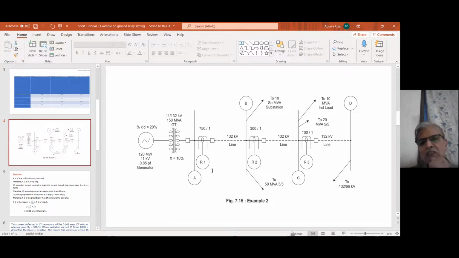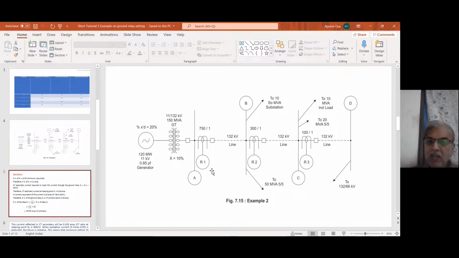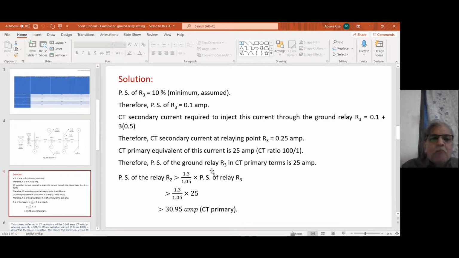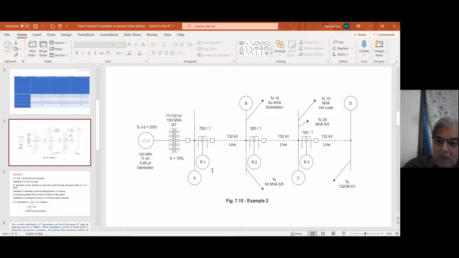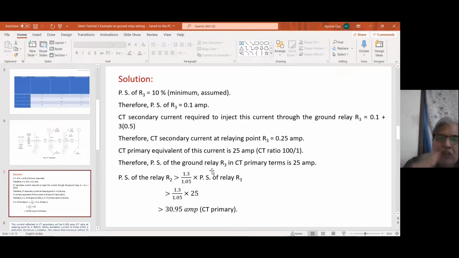So you have to assume something. Therefore, we assume a minimum of 10% and go on with the minimum plug setting of R3 at 10%. That is available on relays, 10 to 40% we have assumed. Therefore, 10% of 1 ampere, because my CT is 100 bar 1 and secondary is 1, is 0.1 ampere.